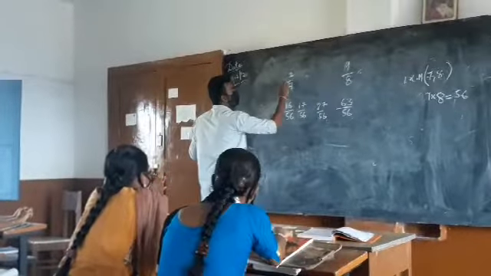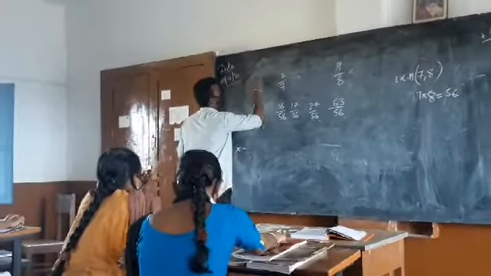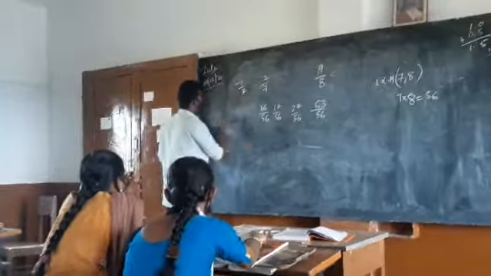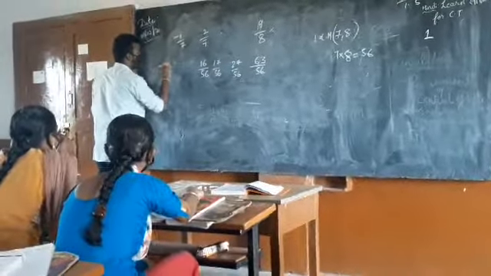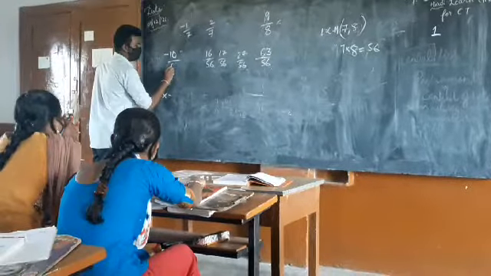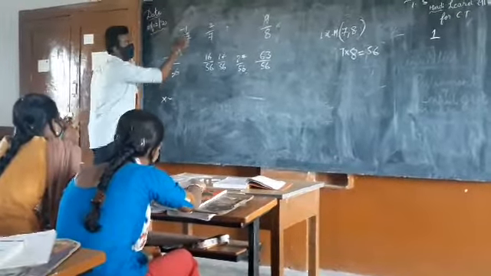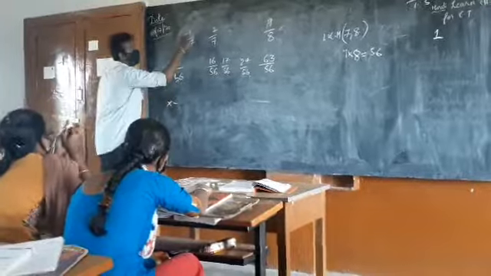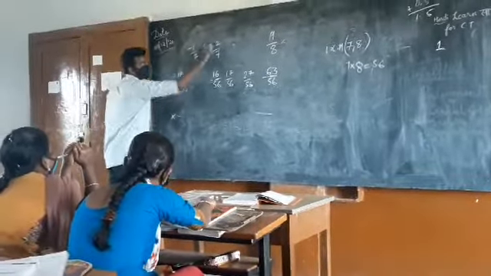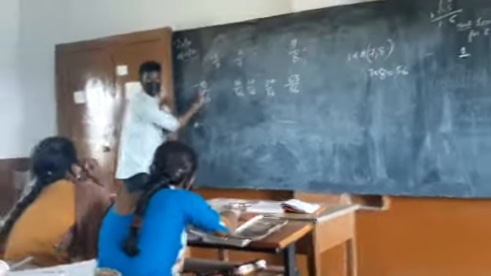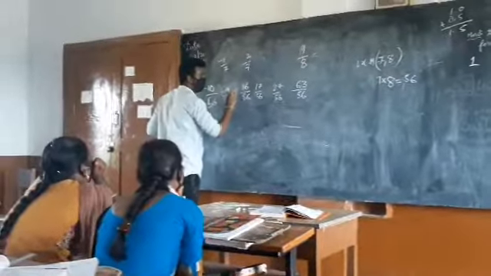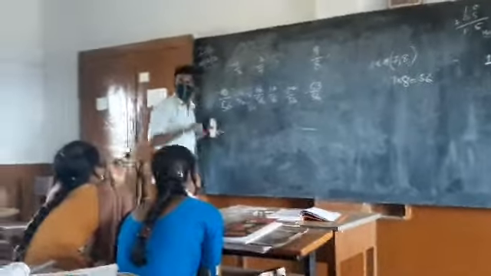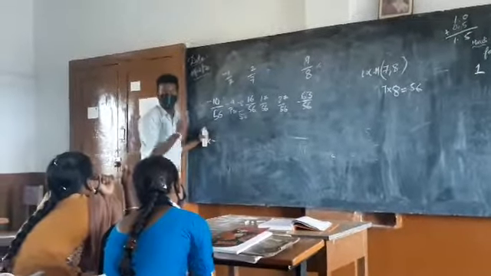Suppose it is minus 1 by 7, or after converting it came as minus 10 by 56. After converting, I could find out minus 10 by 56, minus 9 by 56, minus 8 by 56, 1 by 56, 2 by 56, 3 by 56.